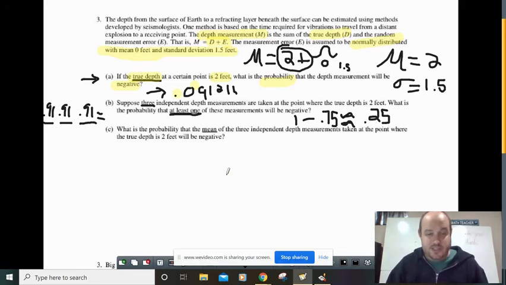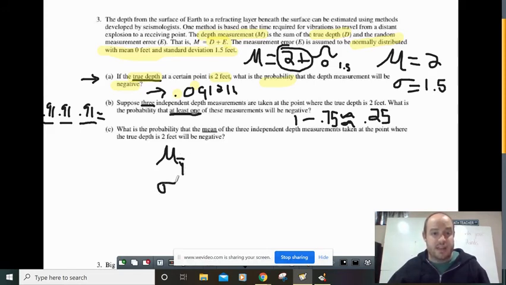So here's the deal. Because our original thing is normally distributed, we don't have to worry about a sample size, because this one has a really small sample size of 3. But this is talking about finding out if a mean of a sample size of 3 would be negative, which means we are actually doing the top question again, except in this case, we want to do it with the sampling distribution mean and the sampling distribution standard deviation.